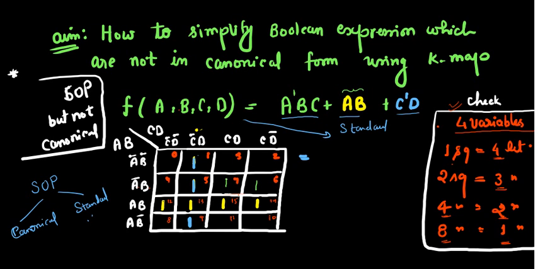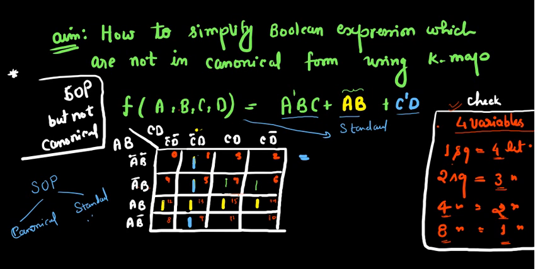Once you have represented this Boolean expression in K-map, you can also write it in canonical form by listing the min terms, 1, 5, 6, 7, 9, 12, 13, 14, 15.